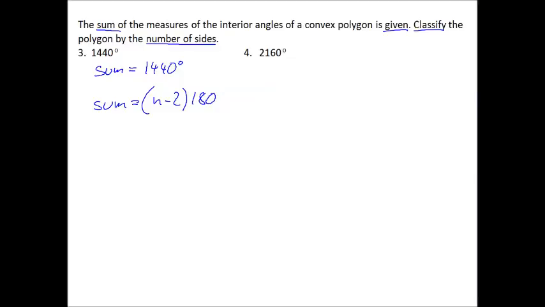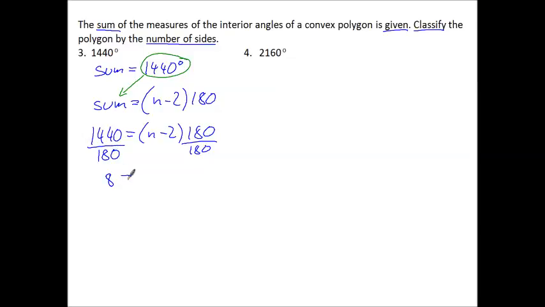So now we're going to take our 1440 degrees and substitute it in for the sum, and then we're going to solve this equation for n. First, we need to divide by 180, and we get 8 is equal to n minus 2.